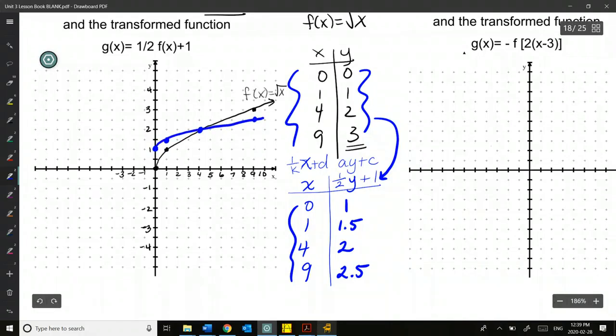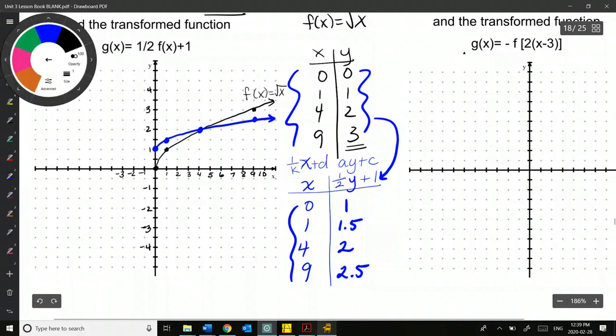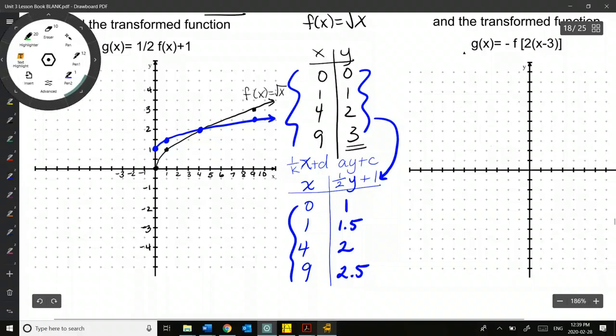And there's your transformed function there. And we also want to label this one with the final transformed equation.